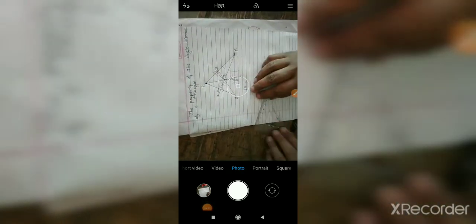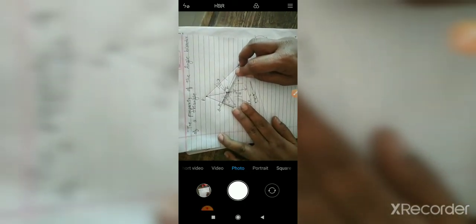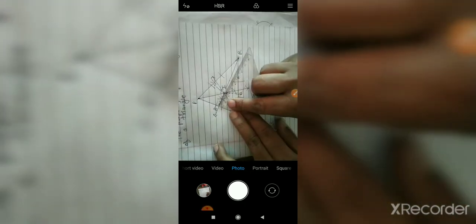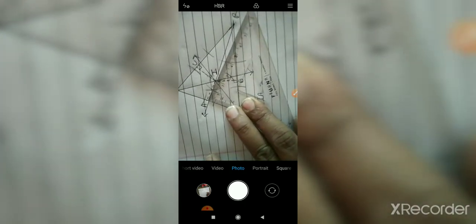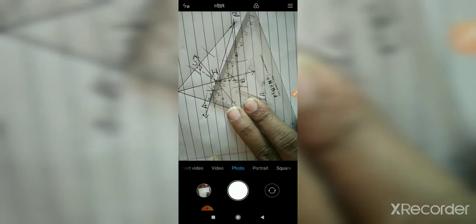We have to check by measuring IA. So IA is equal to, I am using this ruler for measuring. If you see here, you will notice that the measure of IA is equal to 2 centimeters. Then IB I will measure.